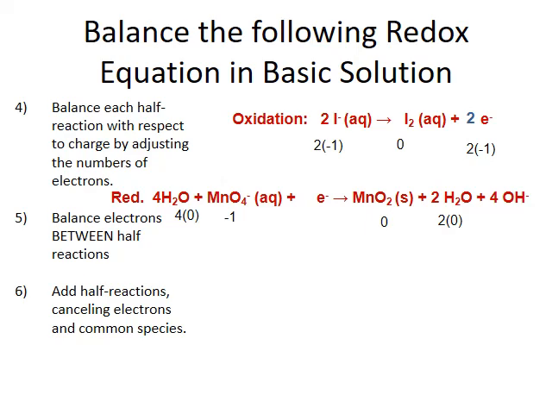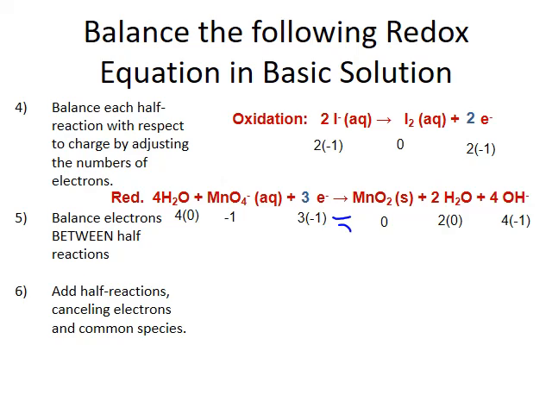Our only charge on the product side comes from the hydroxide ions then, and we have 4 of them, each with a -1 charge. As a result, our total charge on the product side is -4. On the reactant side, we have 0 plus -1. We need 3 more negative charges to balance out. And so we do that by adding a 3 coefficient to our electrons.